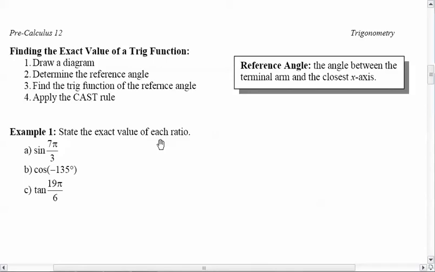And using the diagram that's on the left, you can fill in all the x, y's, and r's there. And then using your all students take calculus, you can fill in the chart with the quadrants, just with positive and negative signs.